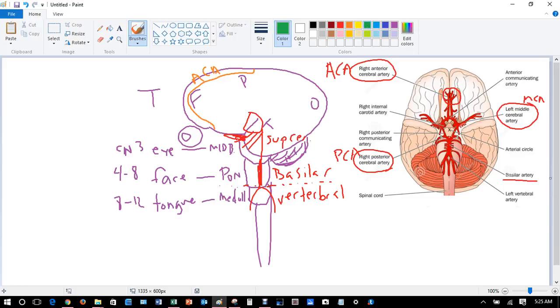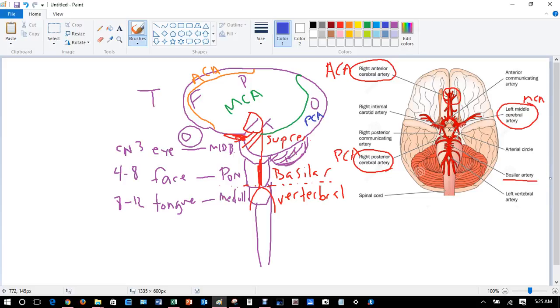How about green? Middle cerebral artery gets more of this side part here, and the back part back here is gotten by, how about a nice blue, the posterior cerebral artery. So different areas fit on different parts of the brain here, and so they're going to affect different things. Let's go over that really quickly to make some sense of it.